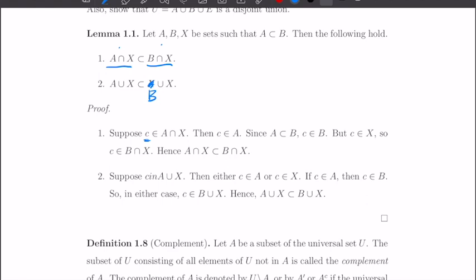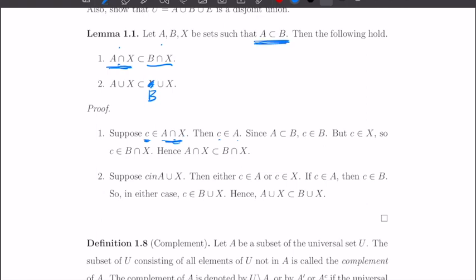So suppose C is an element of this one. Then by the definition of intersection, C belongs to A, and also, of course, C belongs to X. That's the definition of intersection.